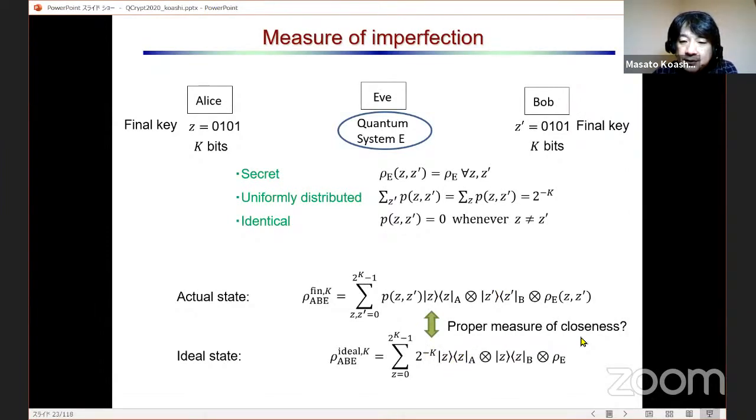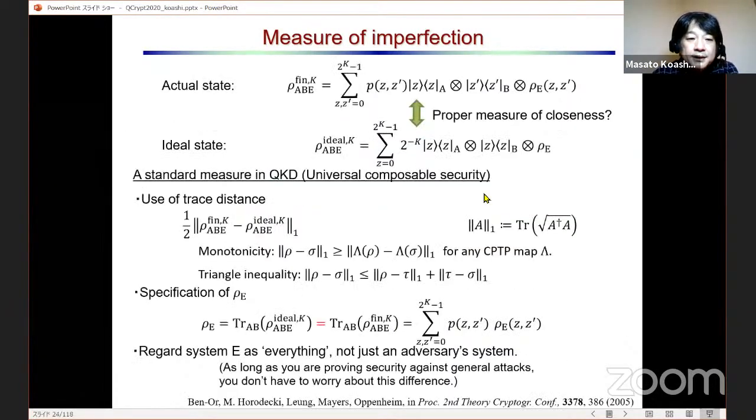So what is a proper measure of closeness? There is a standard measure used in QKD, which ensures universal composable security. The point is to measure the distance between the two mixed states by using the trace distance, which satisfies monotonicity and the triangle inequality.